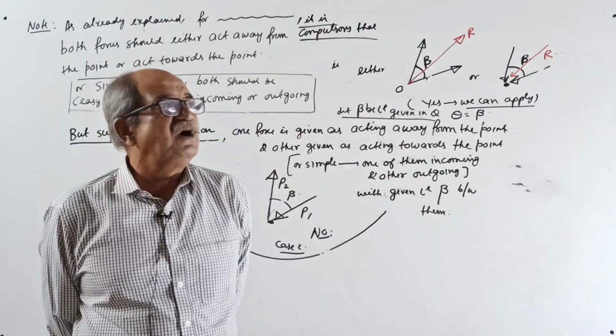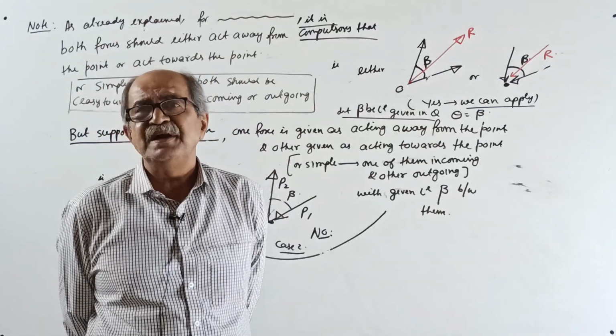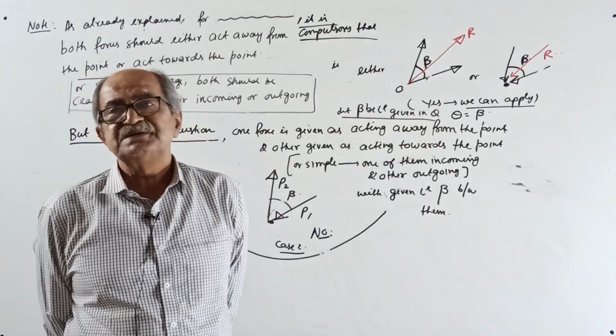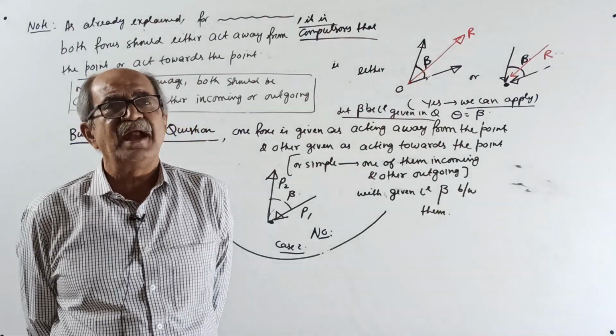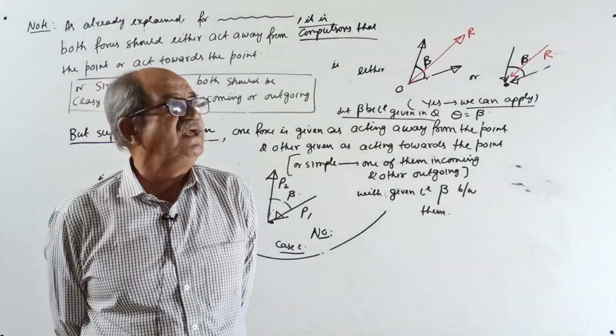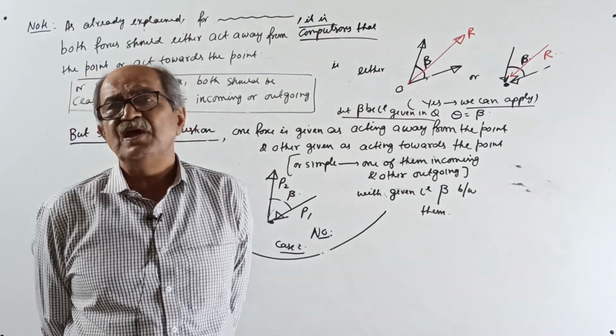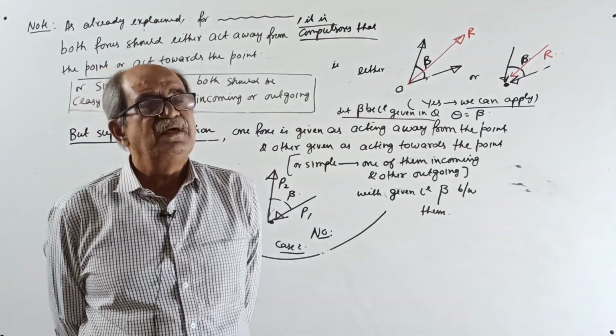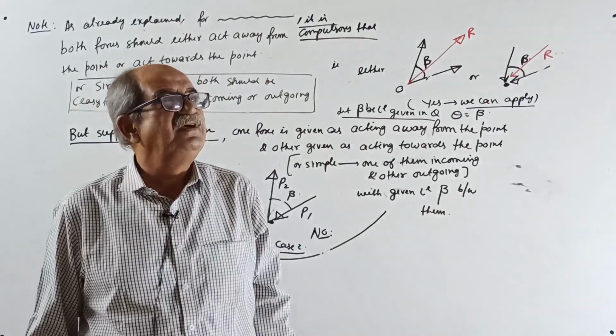In mathematics, first learn the number system. First learn how to add and subtract, divide and multiply. Understand the basic meaning of addition, subtraction, division, multiplication, then go for higher mathematics.